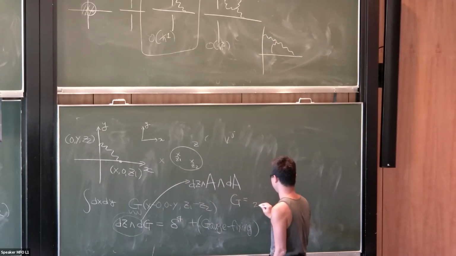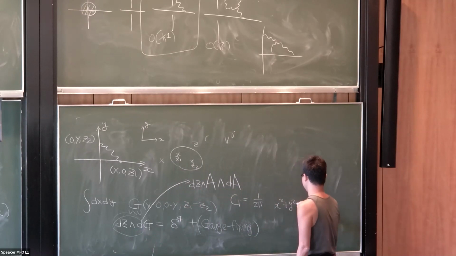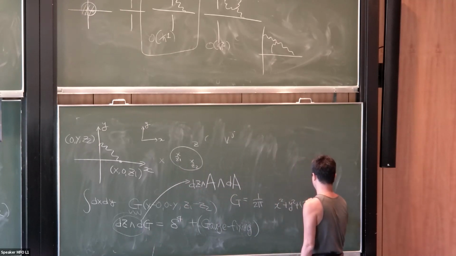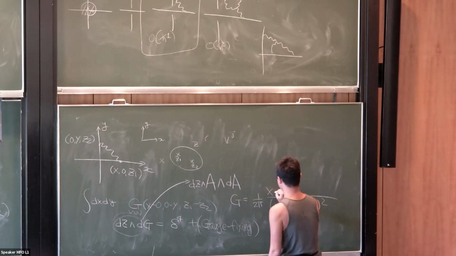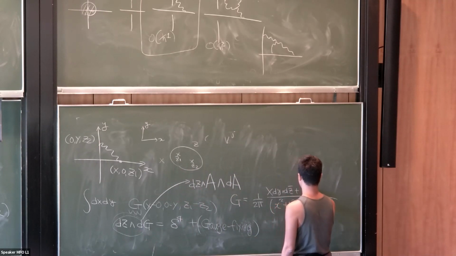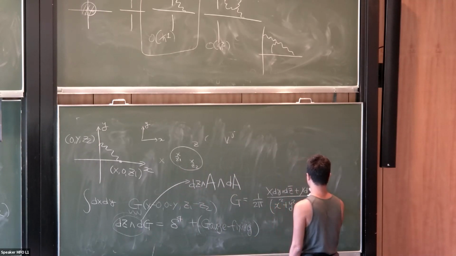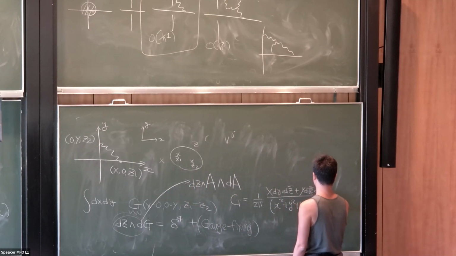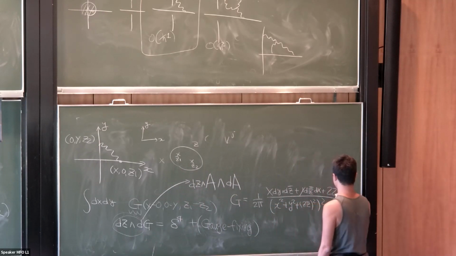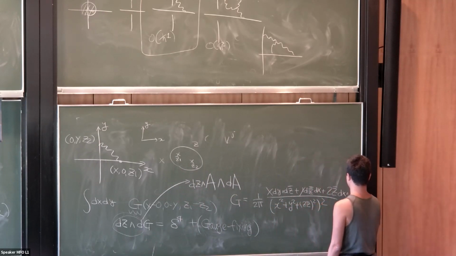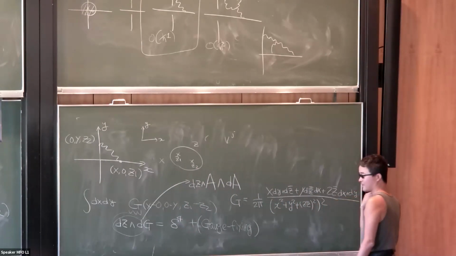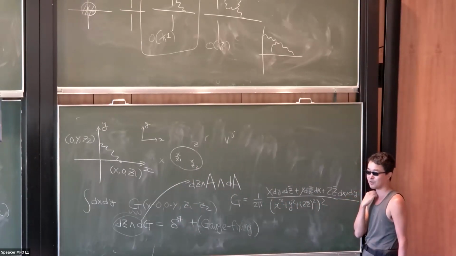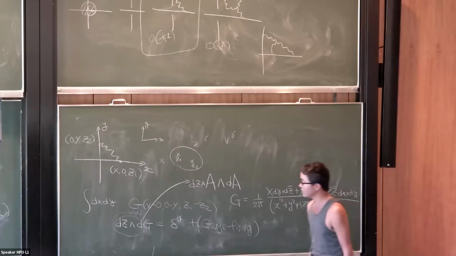I think it's 2 pi or 4 pi, and x squared plus y squared plus z z bar squared, and if I remember correctly there's a factor of 2 or something here. Probably the formula doesn't matter, but the point is that it exists. There is a similar propagator 2-form which you can write down, and you integrate that.